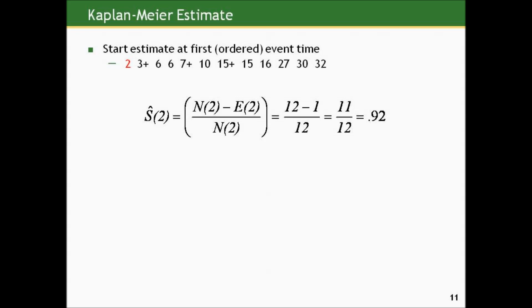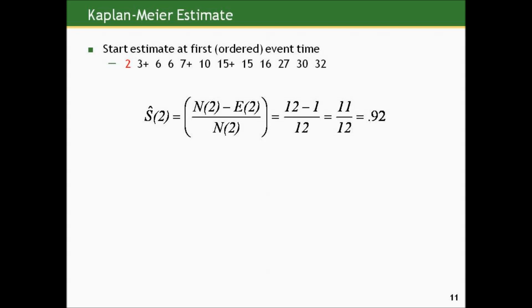And so here's how we're going to do it. S hat of 2: 100% of the sample was around at that point to have the event. And of that 100%, there were 12 people around to have the event. Of those 12 people, 1 person died and the other 11 did not. So of those 12, 11 did not, which turns out to be 92%.